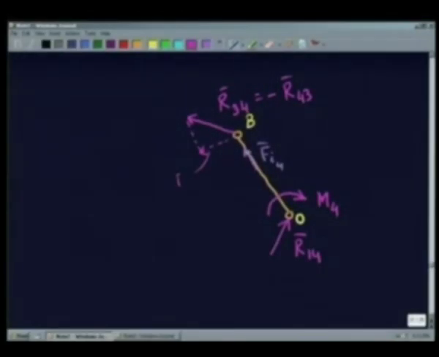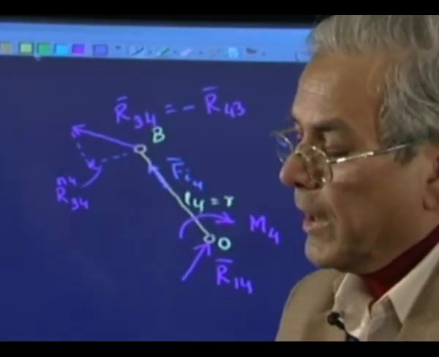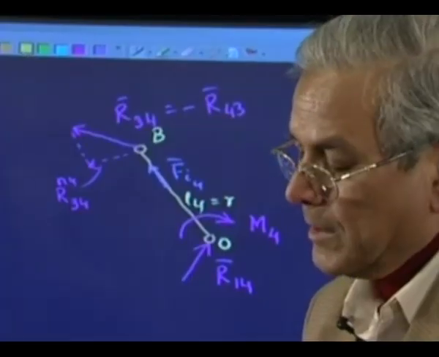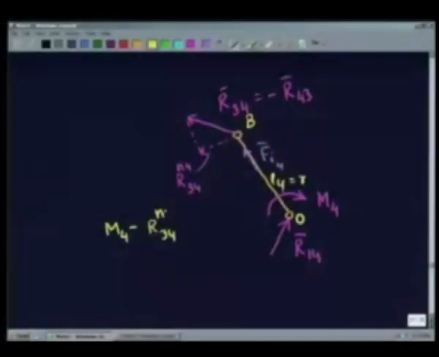This is R34 normal to 4, and this length dimension is say L4, which is nothing but R. So we get an equation which tells that M4 minus R34 normal to 4 into L4 equals 0. Or we find out R34 normal to 4 is known.